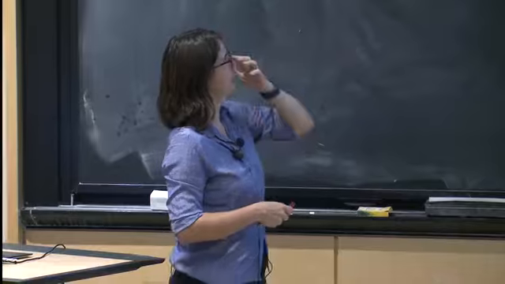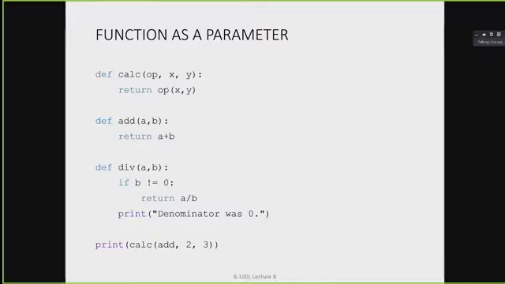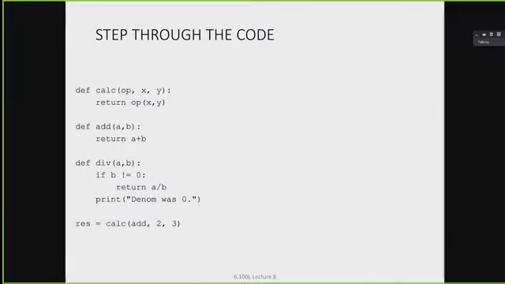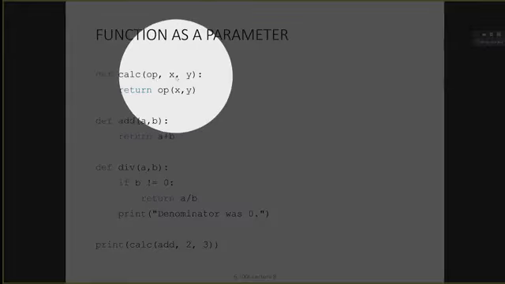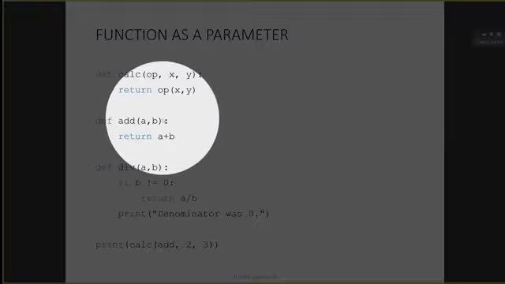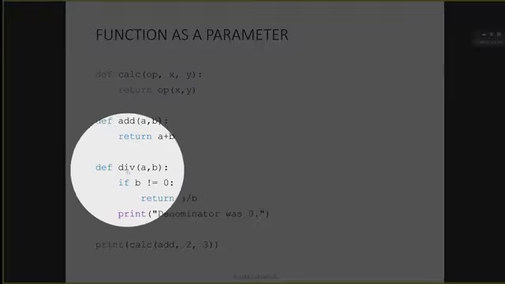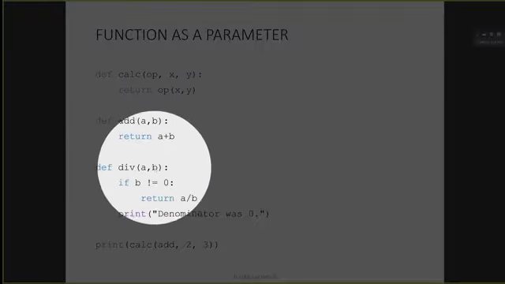So let's look at this code. I've got 3 function definitions and only 1 function call. What are the function definitions? One I have named calc. It takes in 3 parameters. One I have add. It takes in 2 parameters. And one I have div. It takes in 2 parameters.